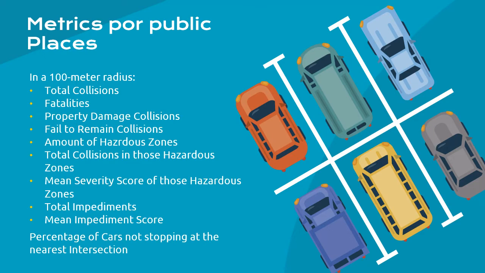Total collisions, fatalities, property damage collisions, fail to remain collisions, amount of hazardous zones, total collisions in those hazardous zones, mean severity score of those hazardous zones, total impediments, and mean impediment score. Percentage of cars not stopping at the nearest intersection.